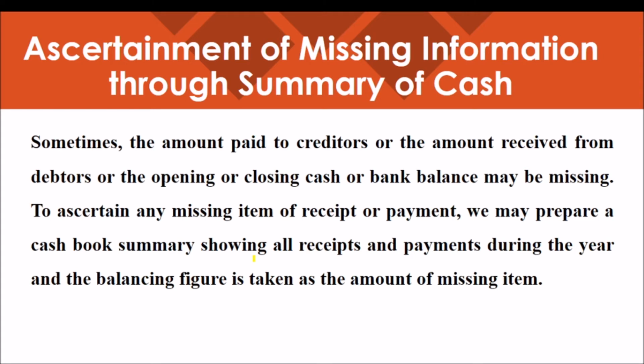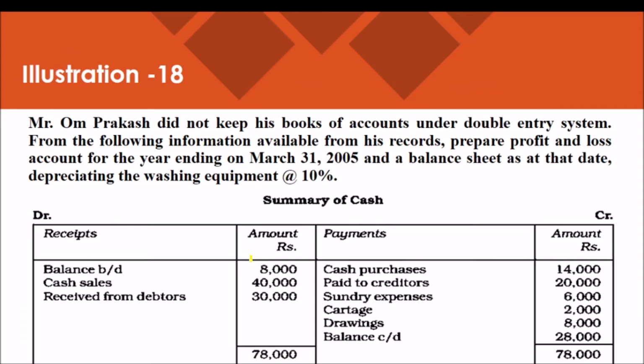Also, we have to find out some missing information related to cash by creating a summary of cash items. Like a cash account, we show the debit side as receipts and the credit side as payments. The balancing figure will be treated as the missing item related to cash. That also we have to remember.